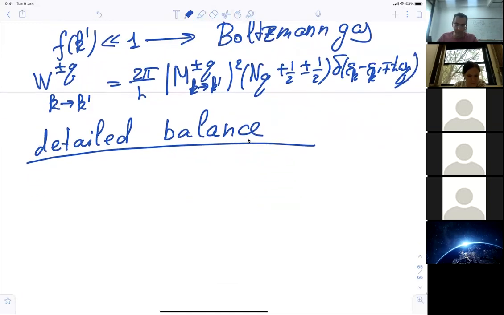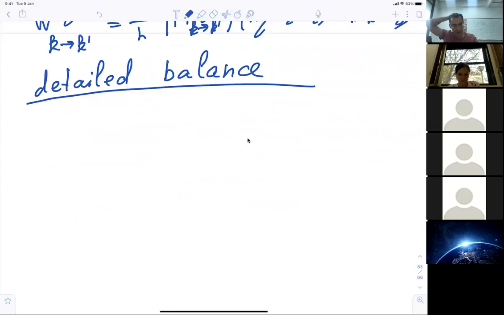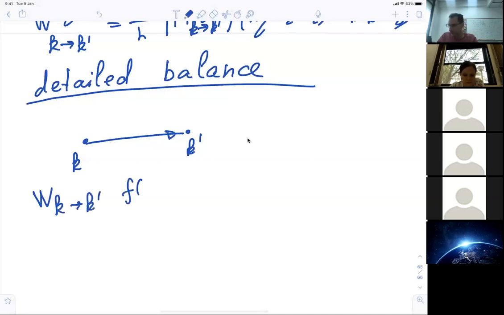So when we look at the transition rate between states, there is a state k and a state k prime, and there is a transition rate between state k and k prime. The transition rate between these two states is w k to k prime, f of k times 1 minus f of k prime. So this is roughly how many electrons go from the state k into the state k prime per unit time. And it has an obvious probabilistic interpretation.